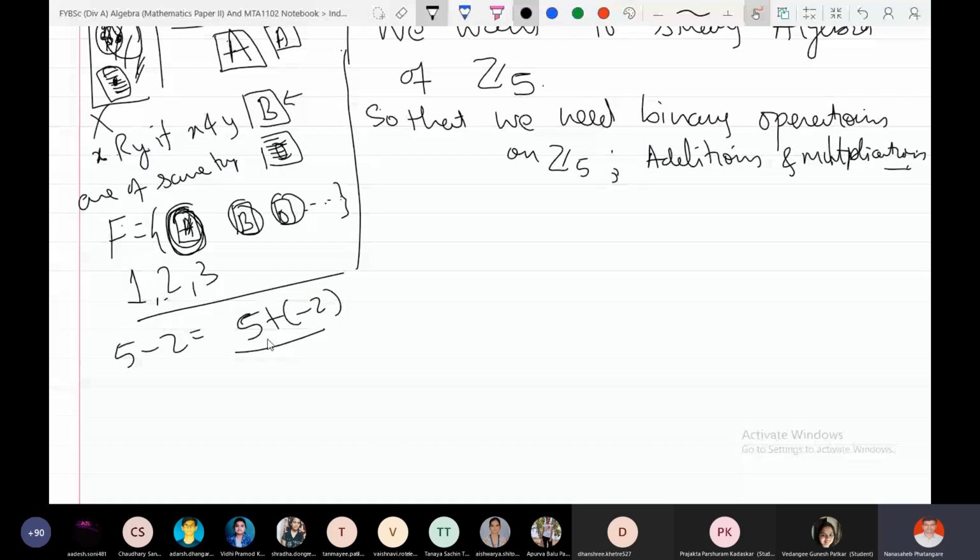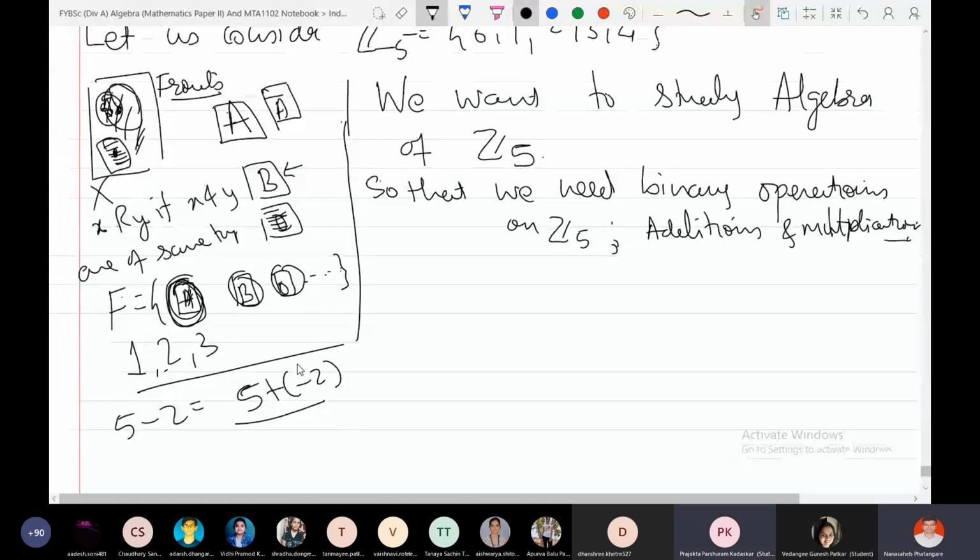Subtraction is actually addition. We are adding: 5 plus minus 2 is the same as 5 plus some other number, that number being minus 2. So basically there are only two operations, addition and multiplication. Right?